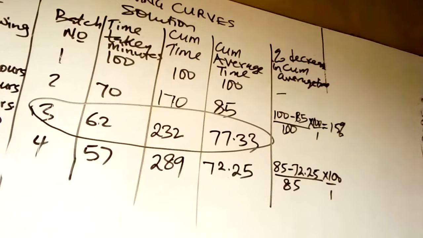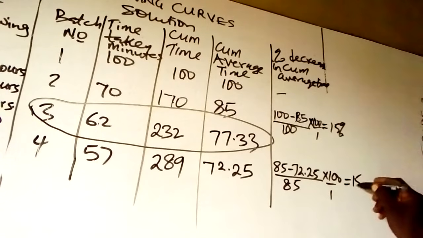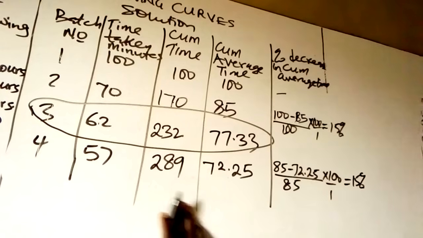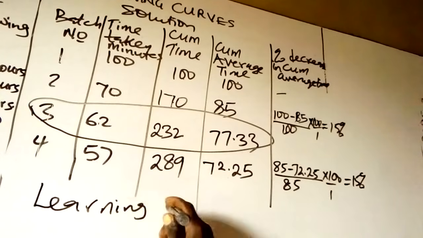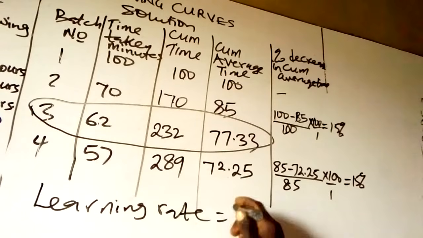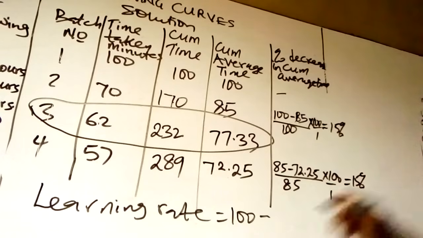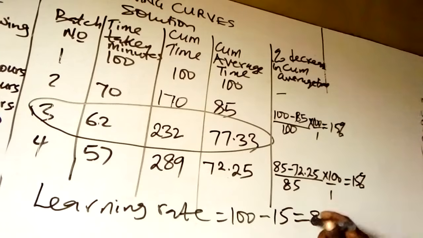You also have 15%. Percentage decrease is 15%. So our learning curve rate now will be 100 minus 15, which is 85%. That is the learning rate using the tabular approach.